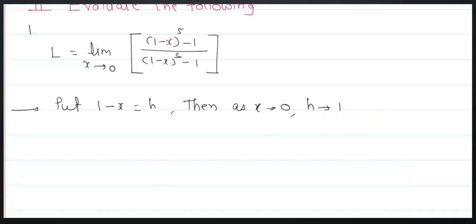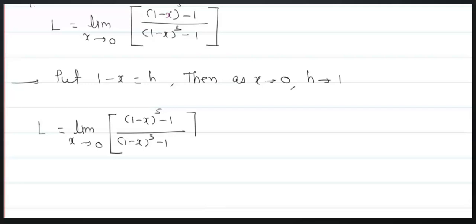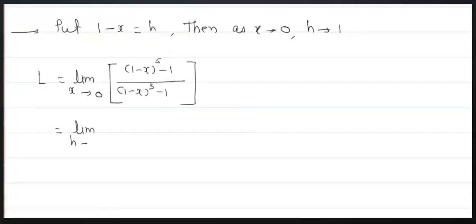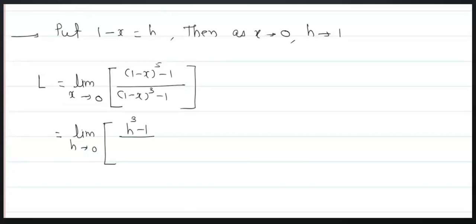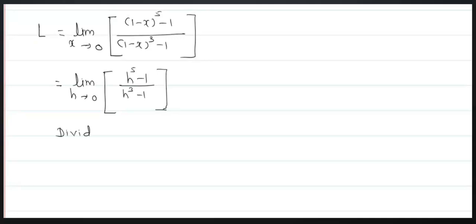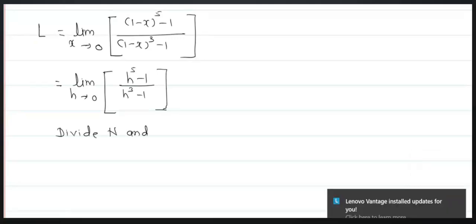Therefore, L, limit x tends to 0, (1 - x)^5 - 1 upon (1 - x)^3 - 1, becomes limit h tends to 1, h^5 - 1 upon h^3 - 1. Now divide numerator and denominator by h - 1.